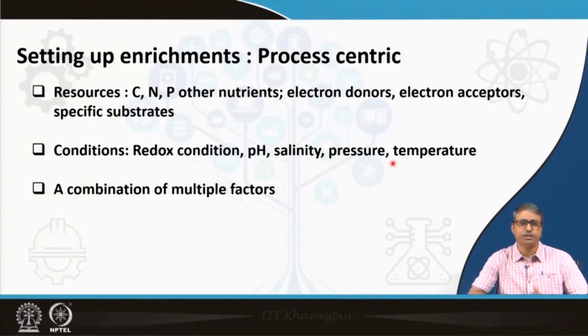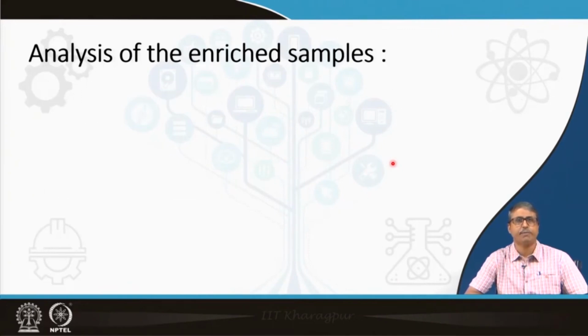Then we set up the enrichment so that we are close to the real environment. Only thing is that instead of the real environment, we have taken the sample and we are trying to grow the organisms in the laboratory based on our preferred substrate, to see whether these conditions are okay with these organisms, or the organisms are rather okay with this.